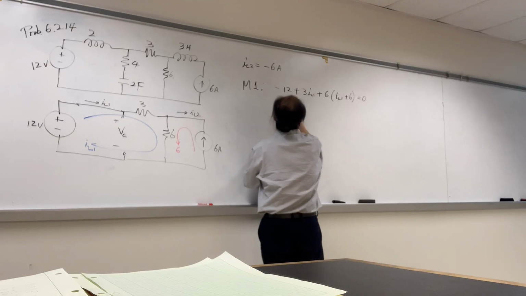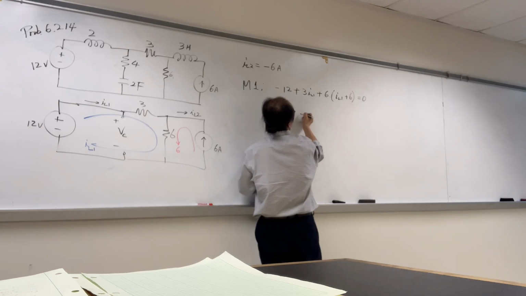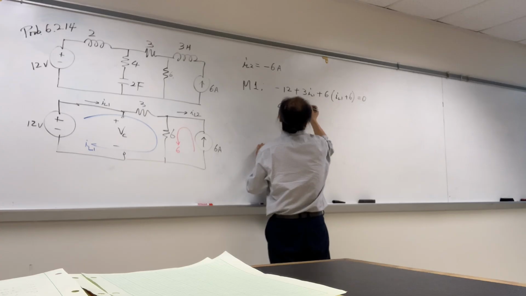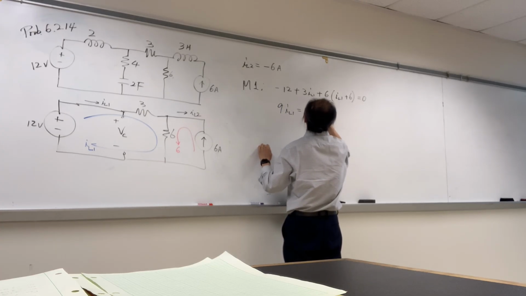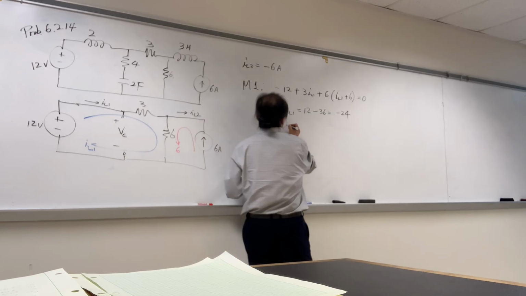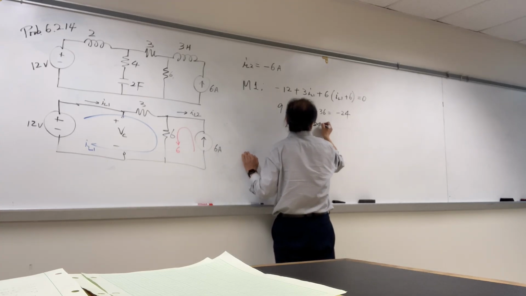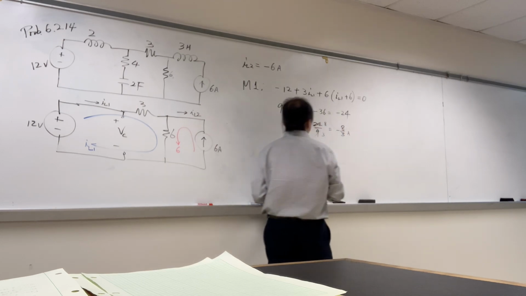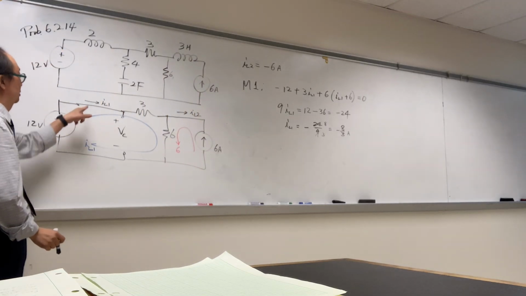So we have 3 IL1, 6 IL1, 9 IL1. I'm going to move this guy to the other side, equals positive 12, and from here minus 36, that is negative 24. So IL1 equals negative 24 over 9, negative 8 over 3 mA. So we found IL1, IL2.